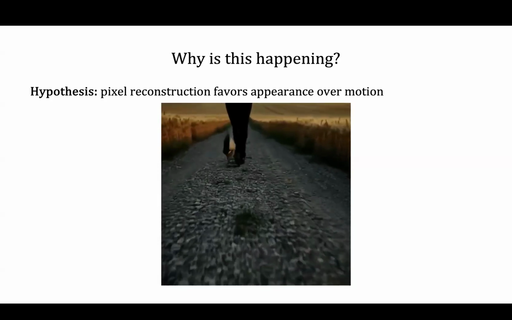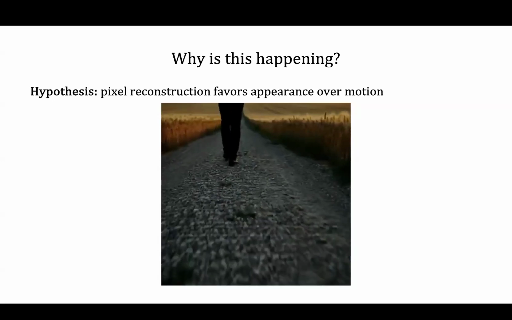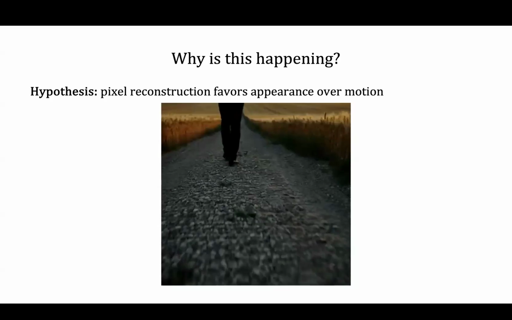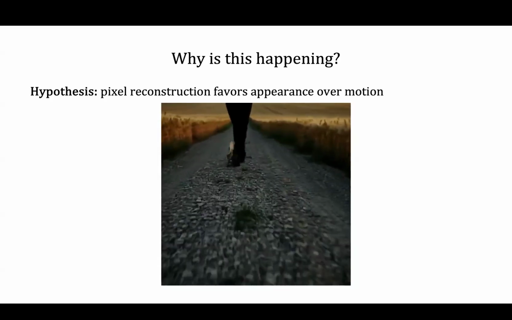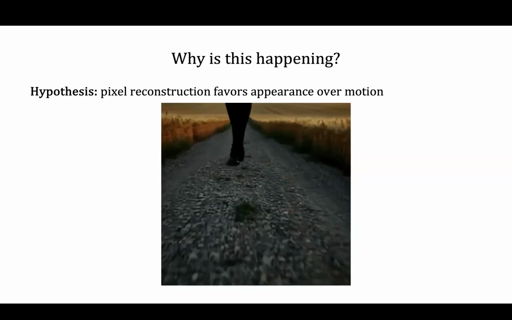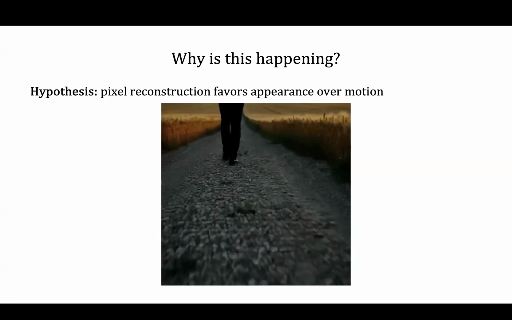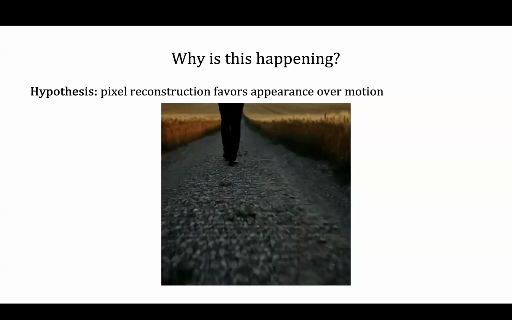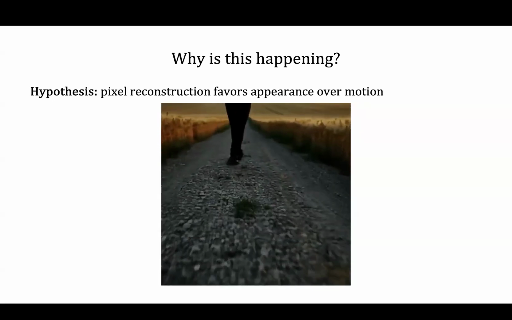Now think about the loss that we're using to train these models, which is a reconstruction loss. What a reconstruction loss does is we have this ground truth image and the predicted image, and we basically compare them pixel by pixel with an MSE loss, okay? So it essentially compares each pixel to each pixel.